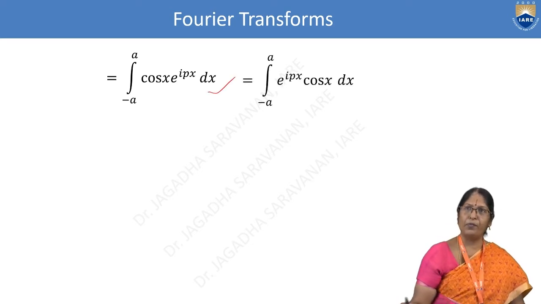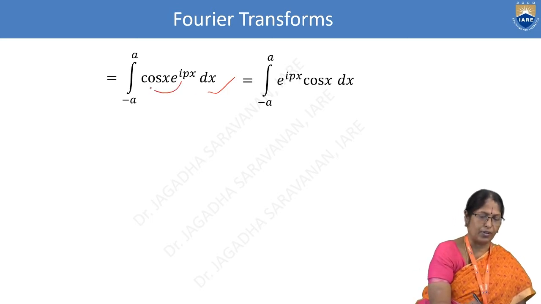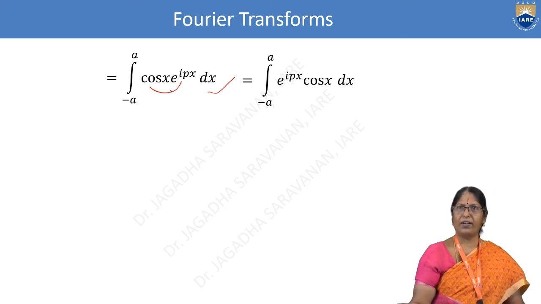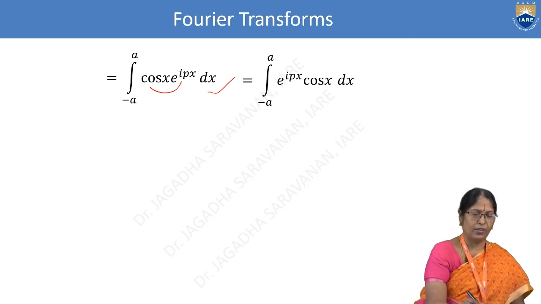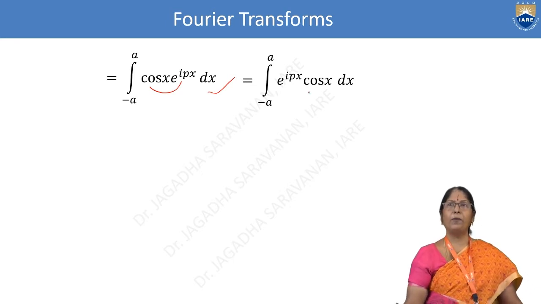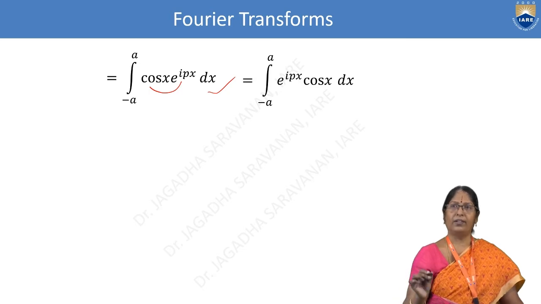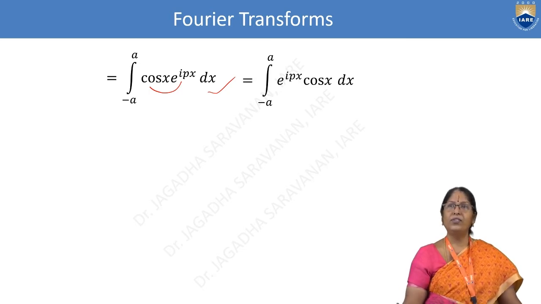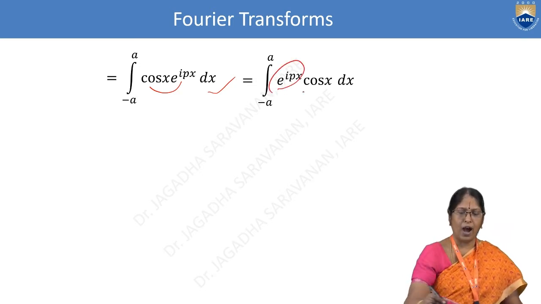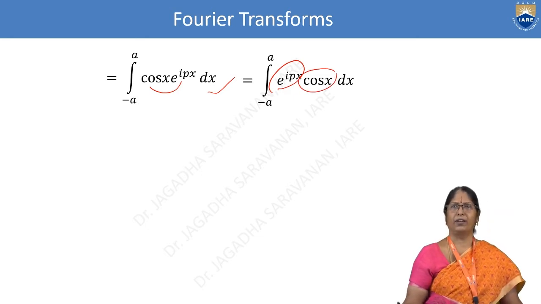Now just for convenient purposes, we can write cos x into e power ipx, or e power ipx cos x dx, both are the same. This we have to integrate. One is exponential, another one is trigonometry.